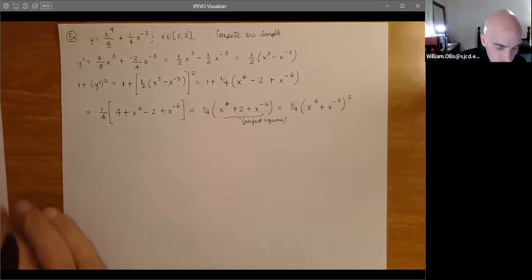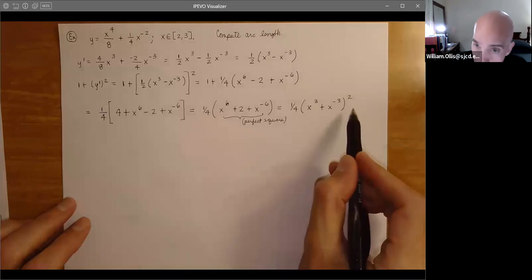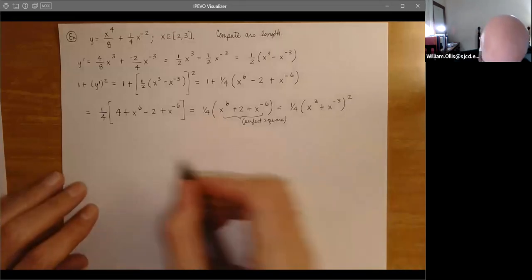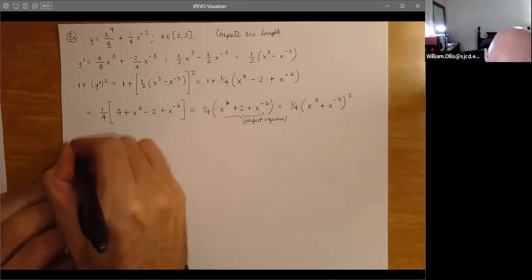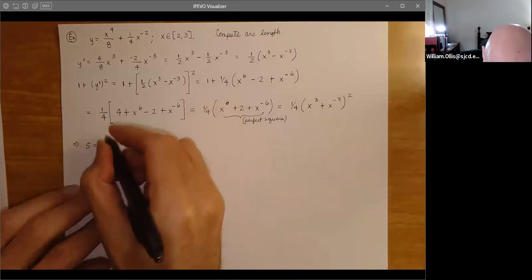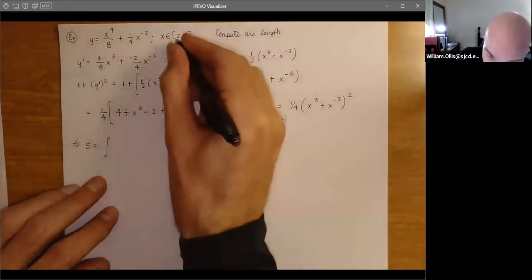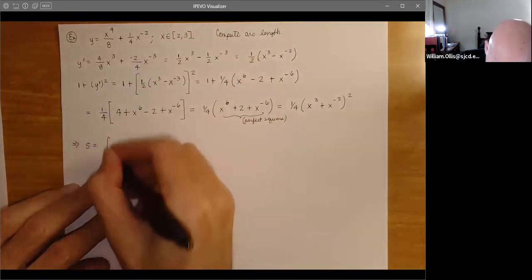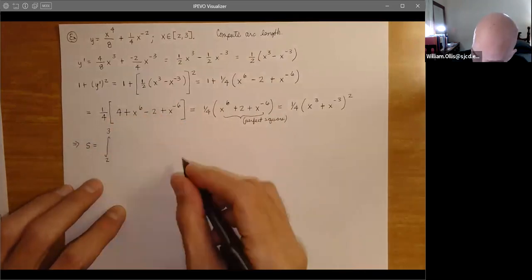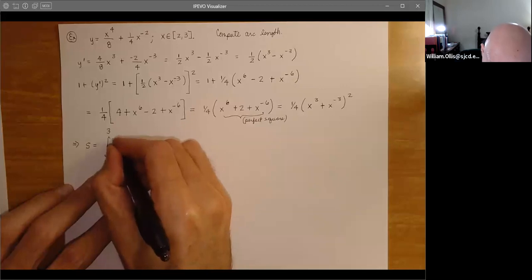So now this will imply that we can now set up the integral for the arc length. So this implies that S arc length will now be the integral 2 to 3. Well, we don't have a lower limit of 0, so all that fun is gone. So we have 2 to 3, and then we'll take the square root.